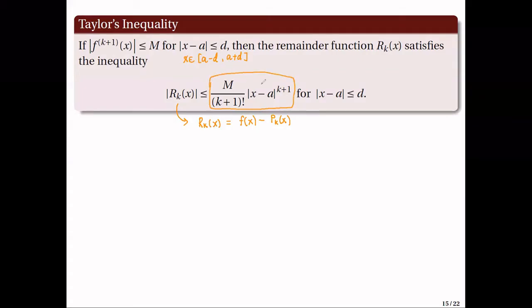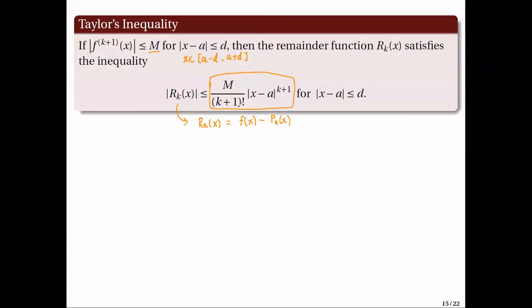How can you make this small? So you want the numerator to become small, which is the number m. Now, how do you compute m? So you compute the magnitude of the k plus first derivative of f of x. So m is the bound on this magnitude. And then you can also make this quantity small by making the denominator large.